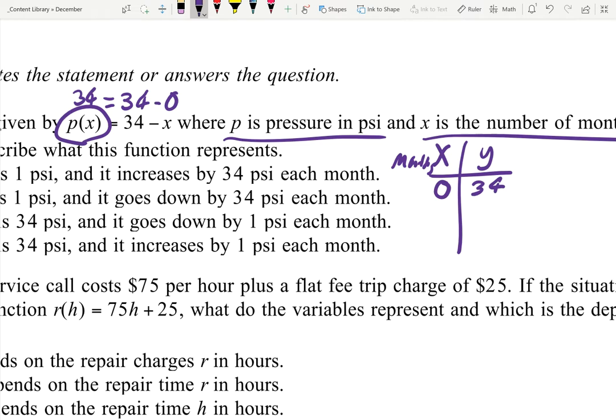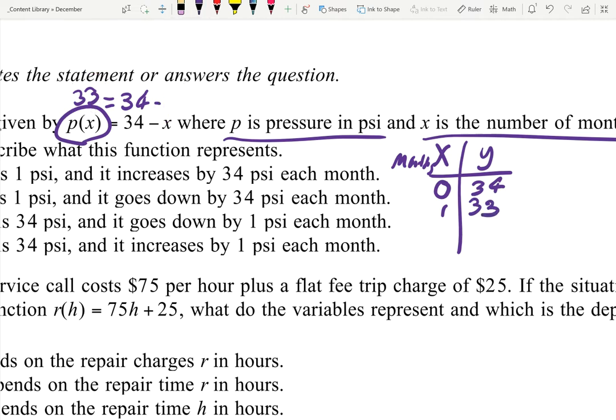That's at the start. Now let's think about what if 1 month goes by. Well, then it's 34 minus 1, because X represents months, so 1 month would be plugging in 1 there. 34 minus 1 equals 33. So that means 1 month goes by, the tire pressure is now 33. Let's try this again.